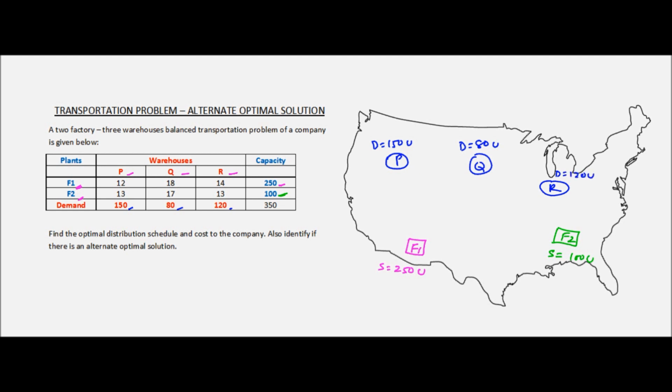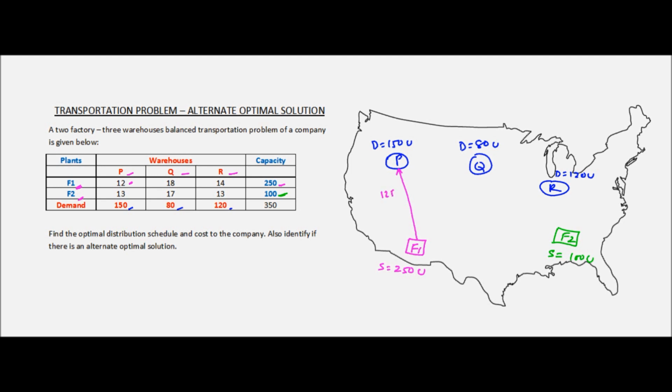Now each of the factories can transport the material to each of the warehouses. So F1 can ship material to P, and from F1 to P the unit cost of shipping is 12 rupees. That is, for each unit shipped from F1 to P, the cost is 12 rupees.